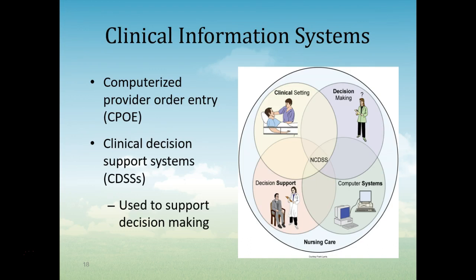Clinical decision support systems are computerized systems used within the healthcare setting to aid and support clinical decision making. The knowledge base within a CDSS, clinical decision support system, contains rules and logic systems that link information required for clinical decisions to generate tailored recommendations for individual patients, which are presented to nurses as alerts, warnings, and other information for consideration.